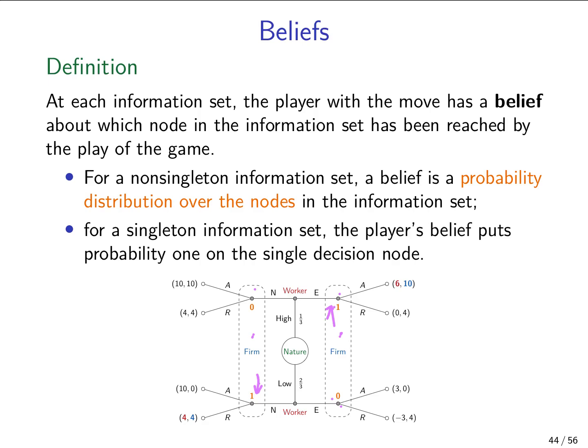And since in this information set we have two nodes, so non-singleton information set, with a singleton information set, which means that there's just one node, the player's belief is pretty trivial. Put probability 1 on that single decision node. So here we don't have that, but even if we have, it's pretty simple. So that's belief, right?